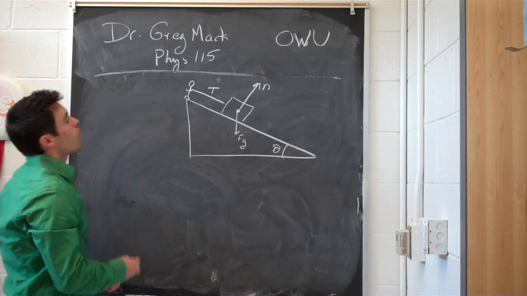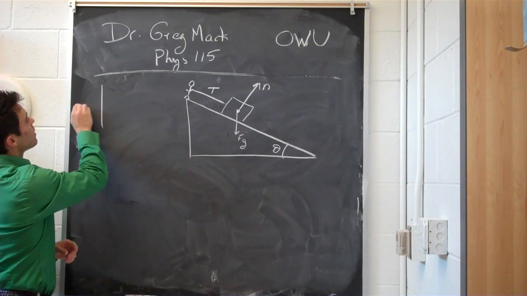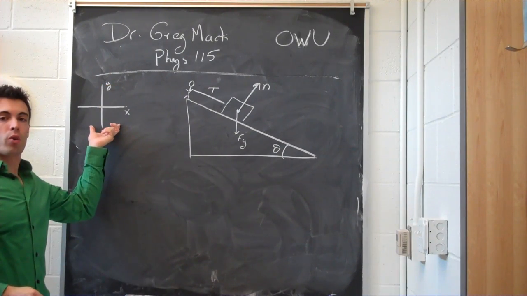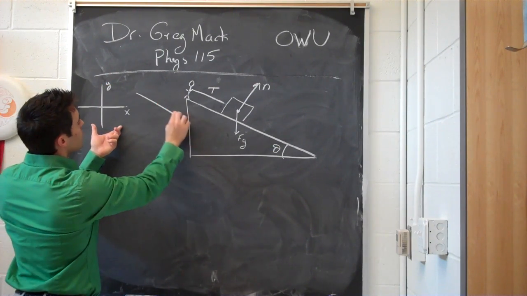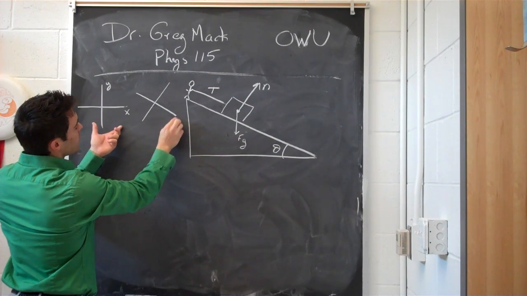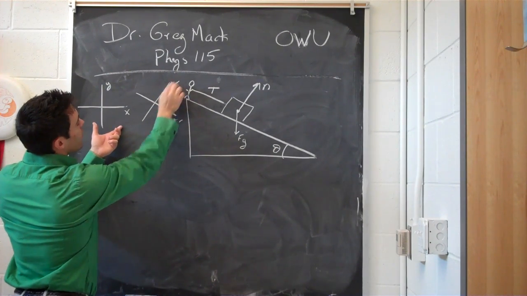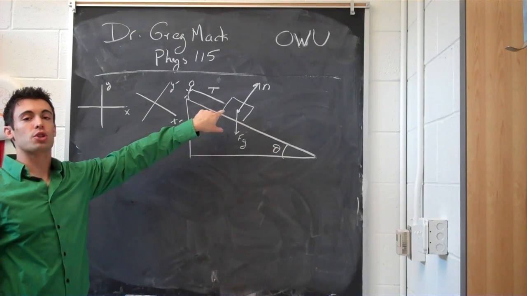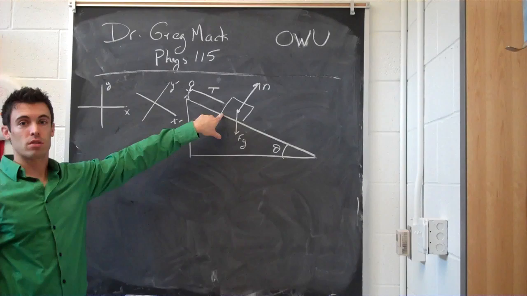Now, what we want to do to analyze this is to take our regular x and y coordinate system and tilt it to make an x prime and a y prime coordinate system which matches up with this incline. It makes things so much easier to do that.